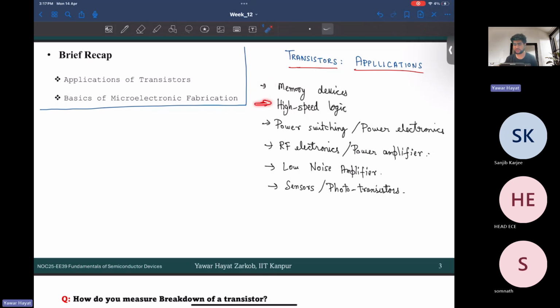So memory, high-speed logic, power switching, RF electronics, LNA, sensors, phototransistors.